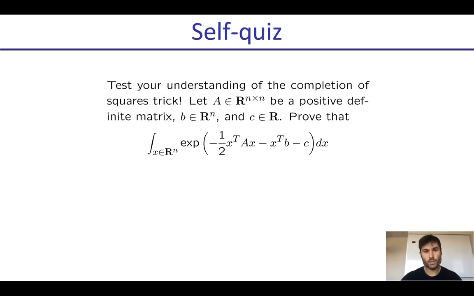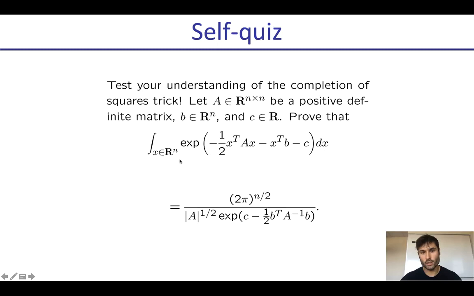It would be good for you to work through all the details of the computation of completing the square, which I've essentially hinted at in the proof before, but specified for this scalar case. You should be able to work it out yourself and find that this integral over here leads to the following result.